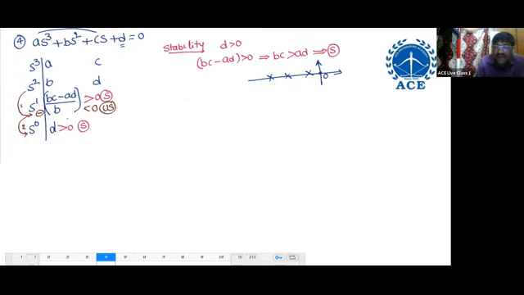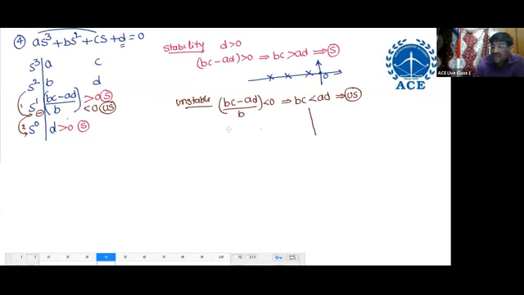The system becomes unstable. So what is the condition for unstable? BC minus AD by B should be less than 0. That means BC less than AD. The given system is unstable. How many sign changes did we get? Two sign changes.